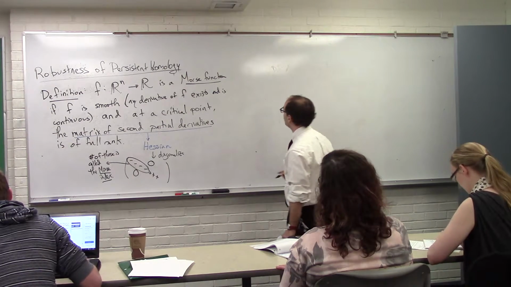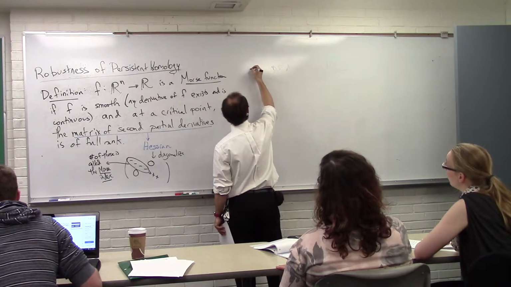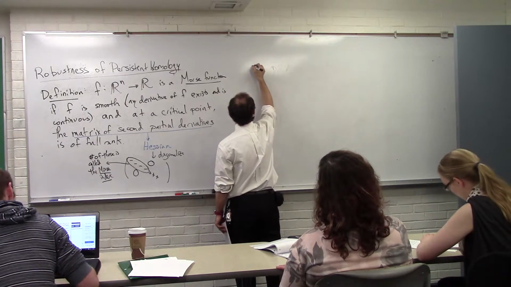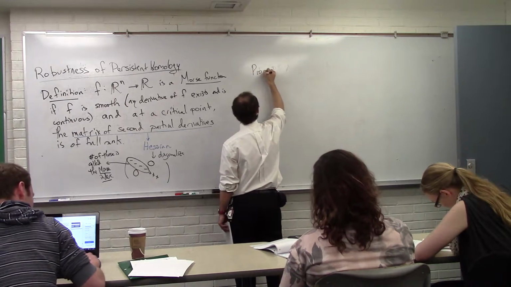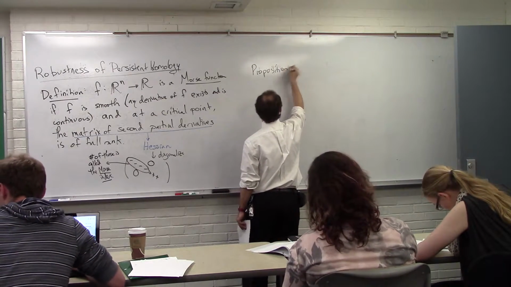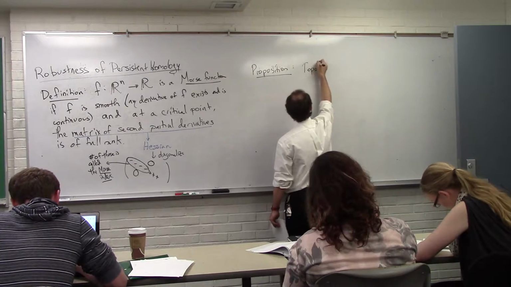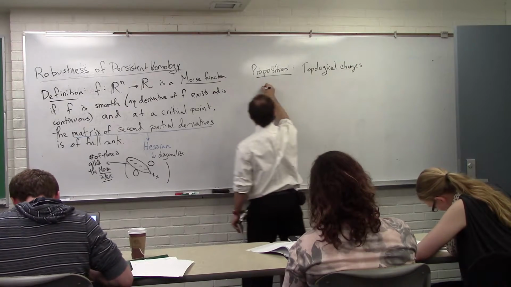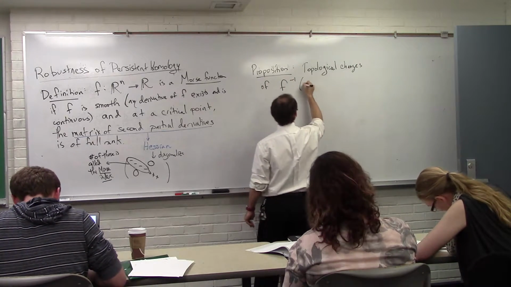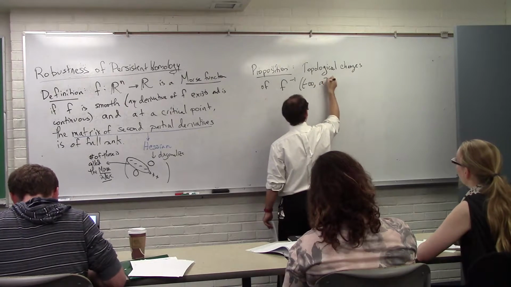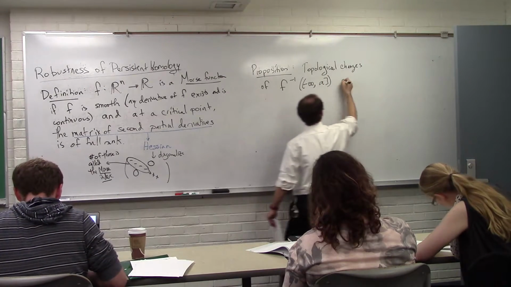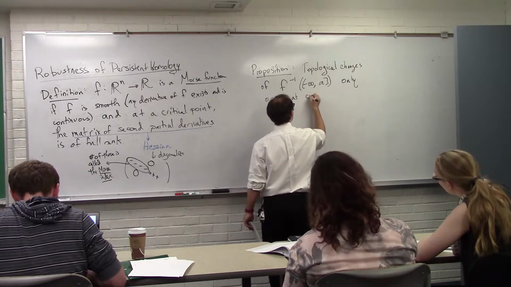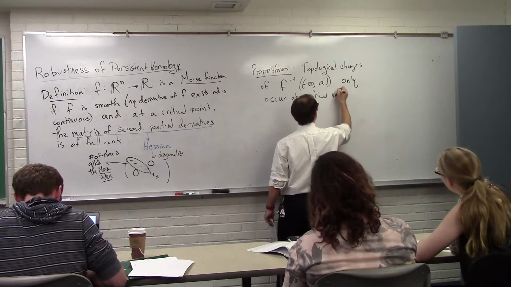Anyway, all right. So key point here is that, and I don't know what I want to call this thing, but it's basically one of the various Morse lemmas. So I'll put it as a proposition. Topological changes of f inverse of (minus infinity, a) only occur at critical values.